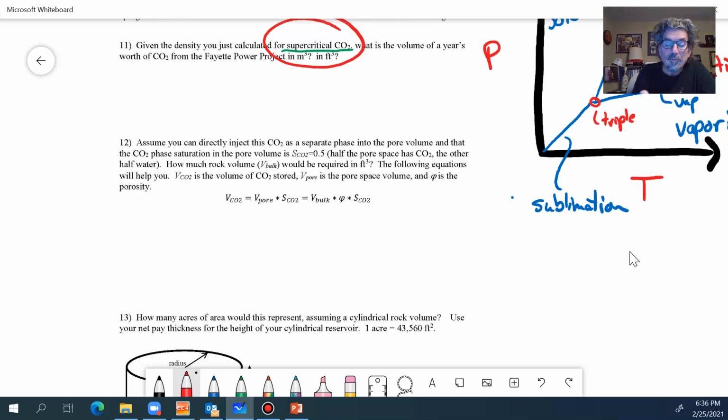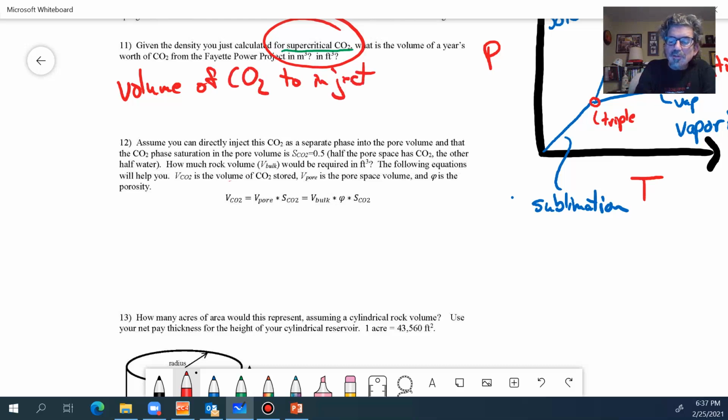Okay, so then we're basically figuring all this stuff out. Ultimately, you're going to figure out the volume of CO2 you need to inject. So that's what you're figuring up here, volume of CO2 to inject.